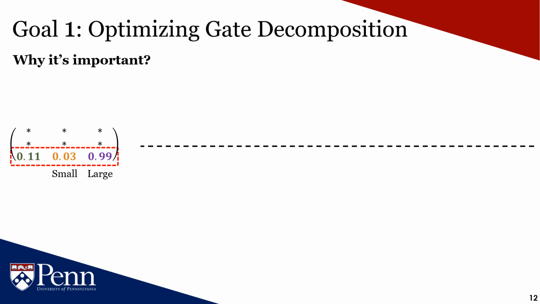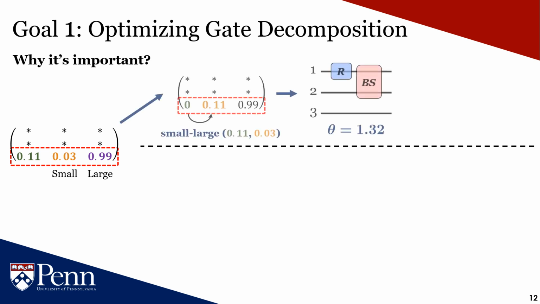Let's come to the first goal, optimizing the gate decomposition. So why does the different decomposition of a matrix matter? We demonstrate it using a numerical example. On the left, there is a three-dimensional unitary matrix, and we want to decompose the row in the red box. We can use the orange element to eliminate the green element.